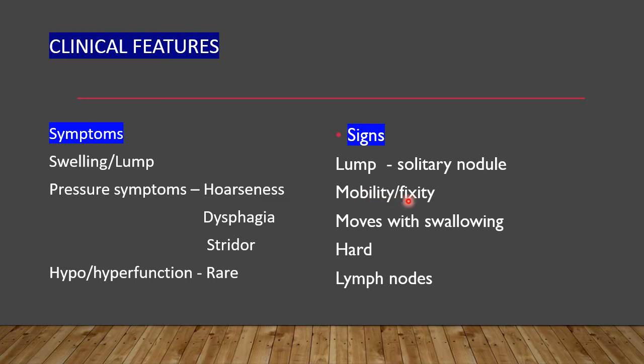The mobility and the fixity of this lump. Malignant lesions tend to be fixed, whether it moves with swallowing. The consistency, malignant nodules tend to be hard, and also the associated lymph nodes in malignant nodules.